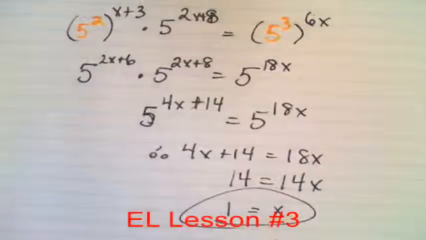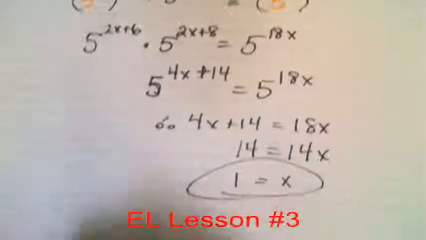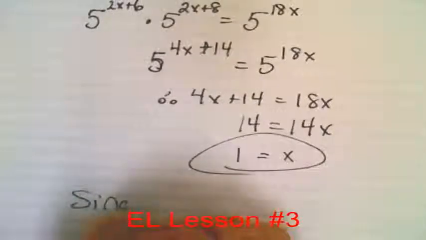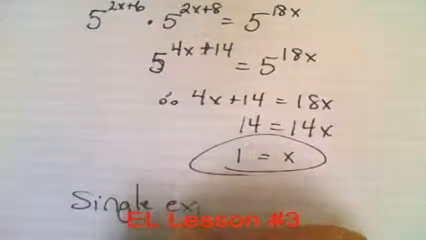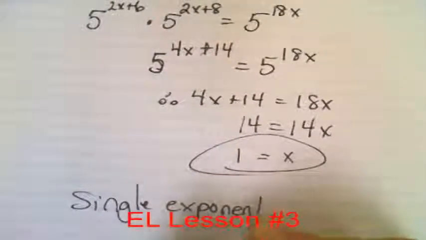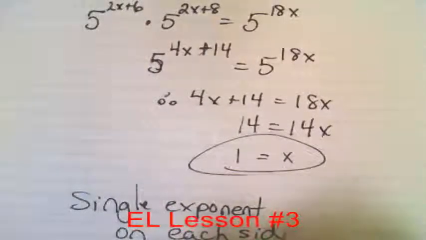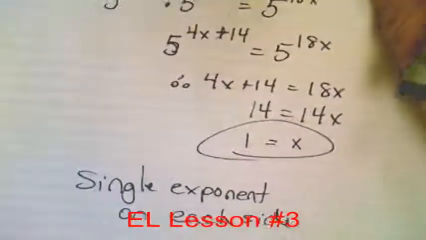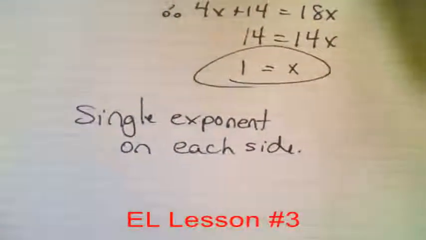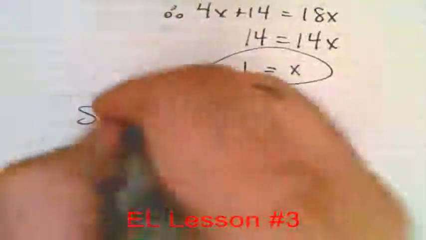The only thing is it just gets more and more complicated as life goes on. But the same idea. Whatever's not a single exponent needs to be put together using exponent laws. And then once you have a single exponent, and I can't emphasize that enough, I'm going to write it right here. Single exponent on each side.